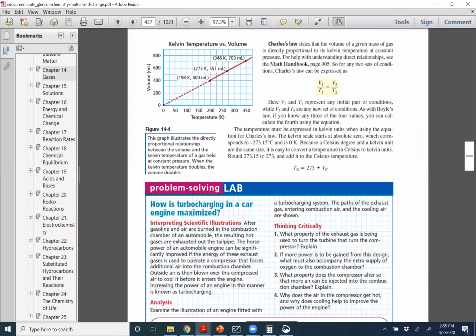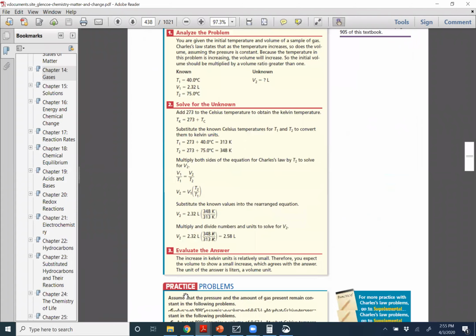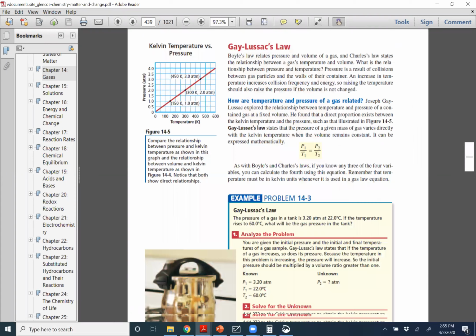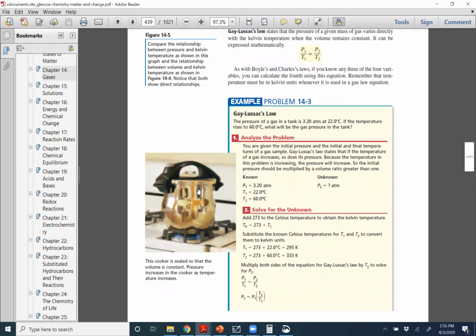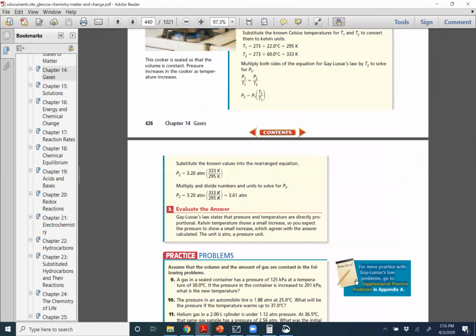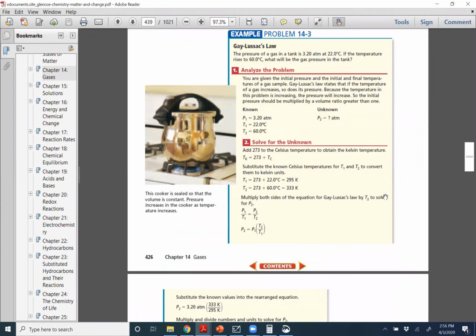So if we look over here at our book, a pressure cooker is a good example of this. It has a release valve on it, so once the pressure gets to a certain point, it can release that pressure. If it didn't have that release valve, then we would basically be making a bomb. So bad news for that.